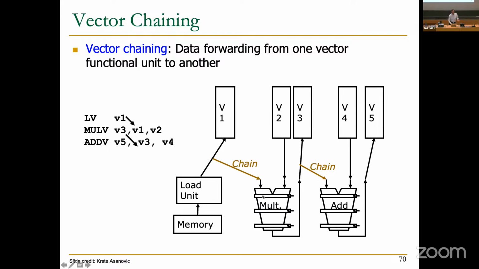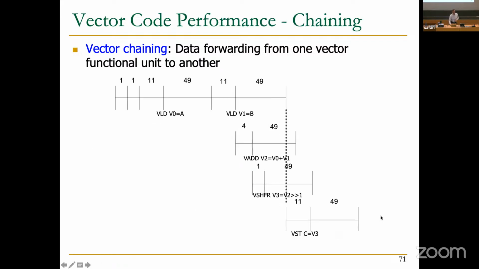Basically, this is what you do. Every element goes to this multiply unit in a pipeline manner, such that you don't wait for this entire register to be full. Similarly, the result of this multiplication unit is also supplied to the add unit, every element, consecutive cycles, such that the add unit can overlap execution with the multiply, which overlaps execution with the load. Okay, so while the vector results are coming out, they're coming into these different functional units.